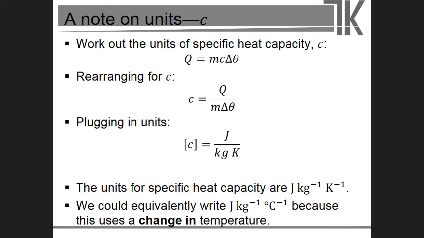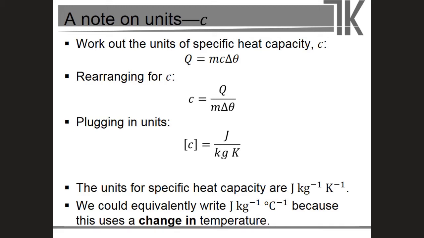We could also write this as joules per gram per Kelvin or joules per gram per degree Celsius, or even kilojoules per kilogram per Kelvin or kilojoules per kilogram per degree Celsius. It doesn't really matter, but always keep your units in mind.